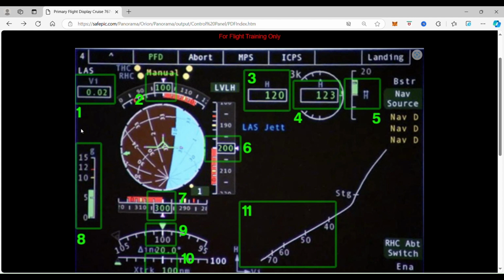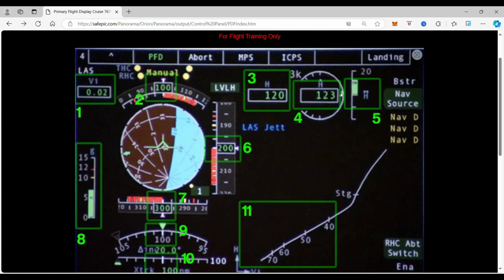So here, one is the velocity. This looks like it's the inertial velocity right now. We have the roll. So this right here, the bank is the roll. We'll go more into that, like what these red lines are here. And over here we have our altitude or height in feet, so we're at 120,000 feet.